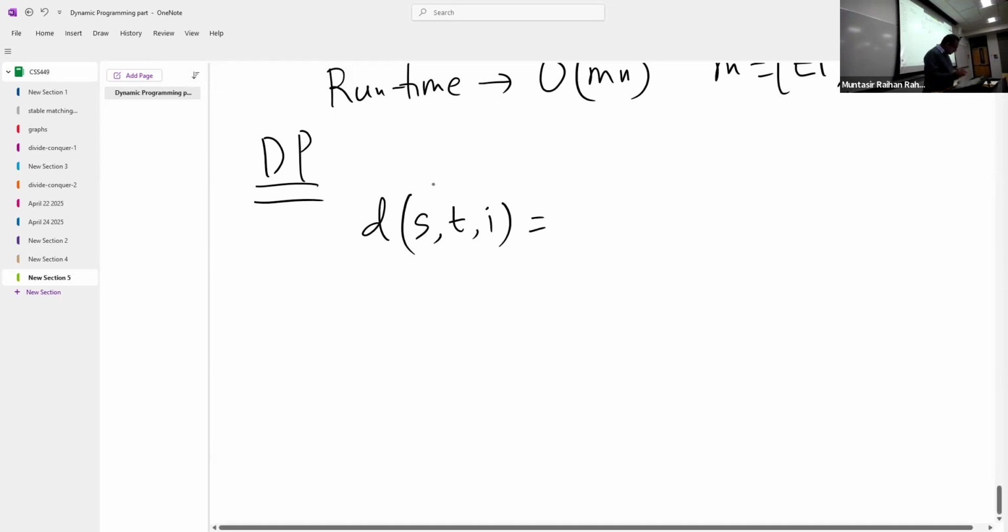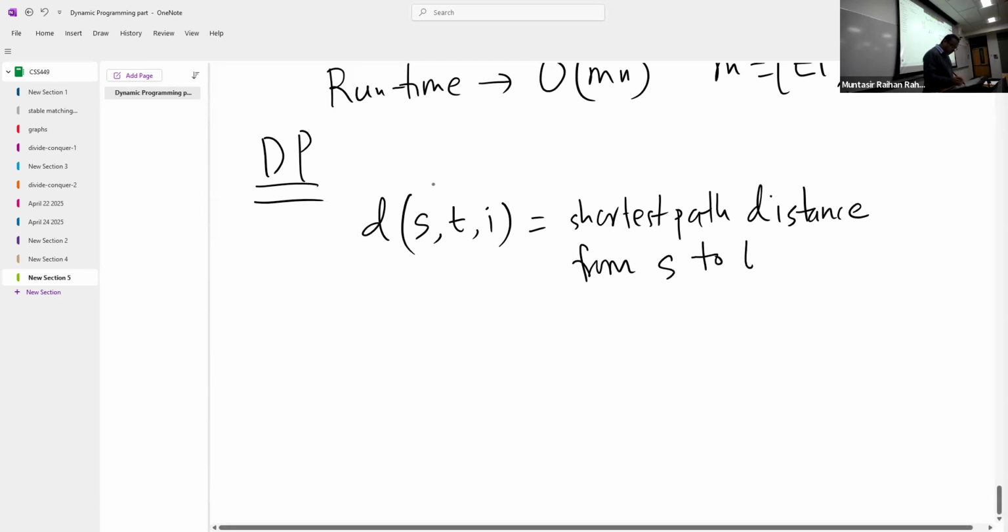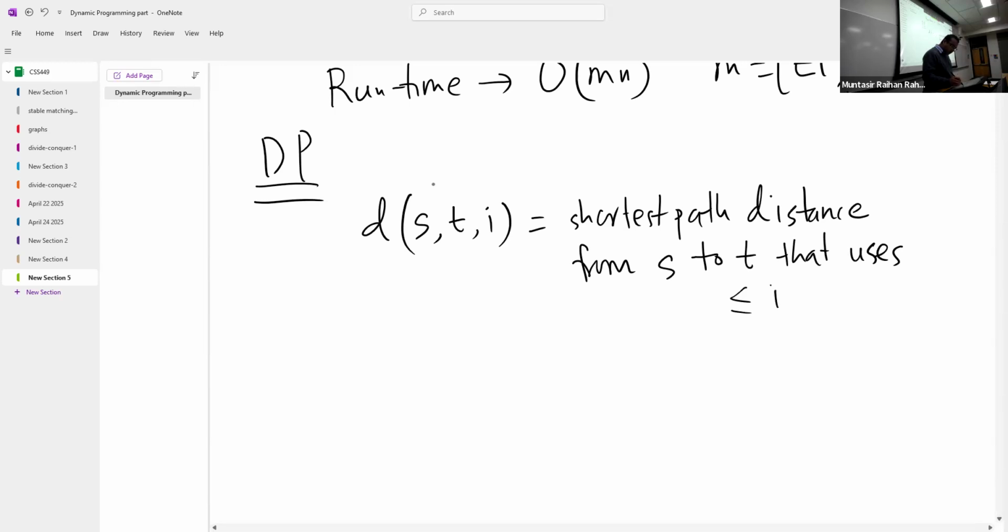This is the shortest path distance from s to t that uses less than or equal to i edges. This is also called a hop-bounded distance, where I have a bound on how many hops I can have in the path.